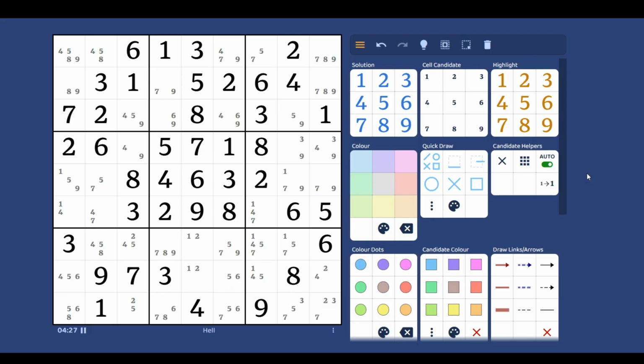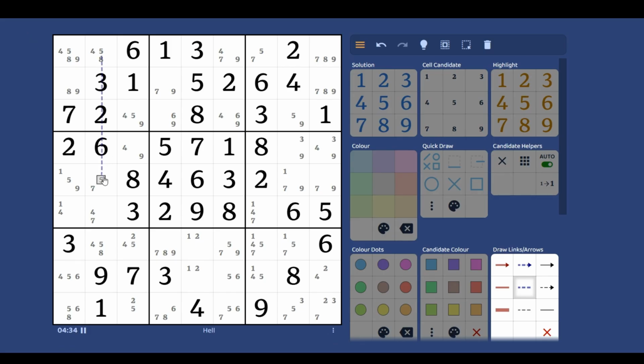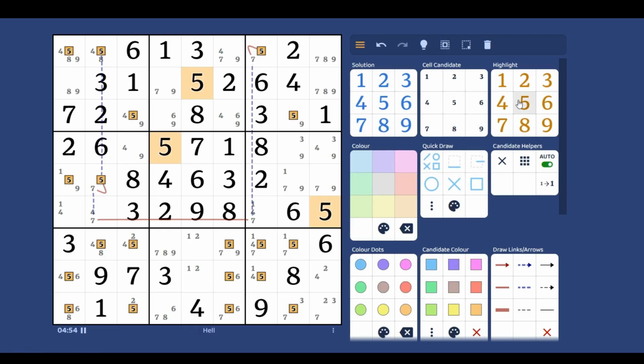So here we have another grid from the Sudoku wiki, and we're going to go ahead and start with the 5 in this cell. So we could say that this 5 is weakly linked to this 5, which is strongly linked to the 7, which is weakly linked to the 7, which is strongly linked to the 7, which is weakly linked to the 7, which is strongly linked to this 5. And so far, it looks like we are alternating properly until we want to go back to the original 5 here.